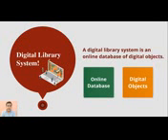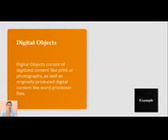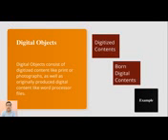Let us understand digital objects first. A digital object consists of digitized content like print or photographs, as well as originally produced digital content like a word processor file or MP3 format or whatever. So here we have two kinds of content: digitized content and born-digital content.